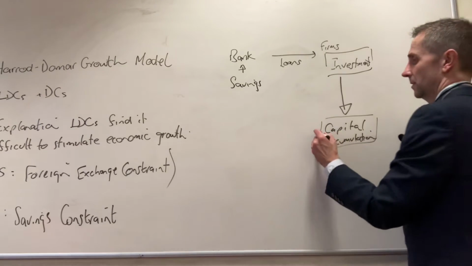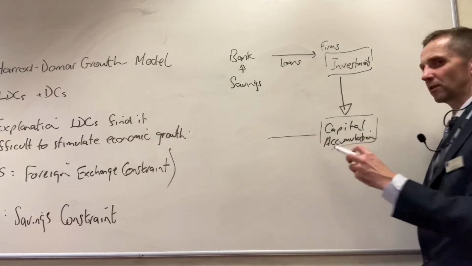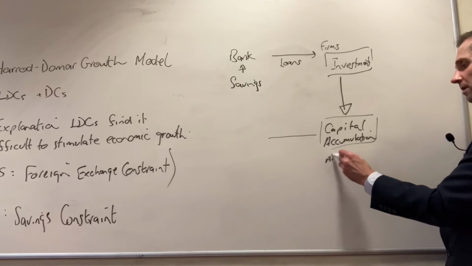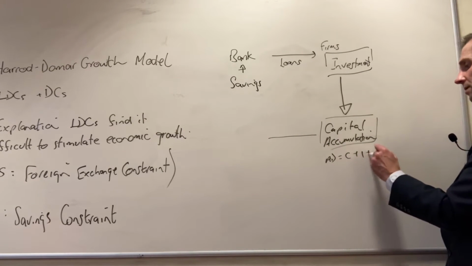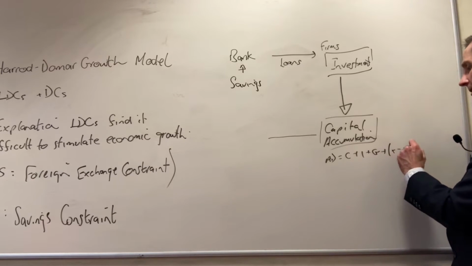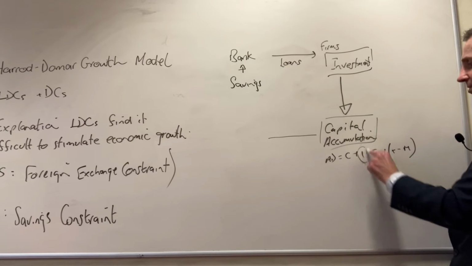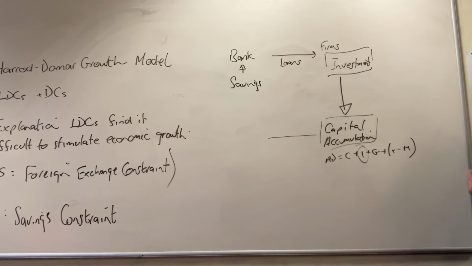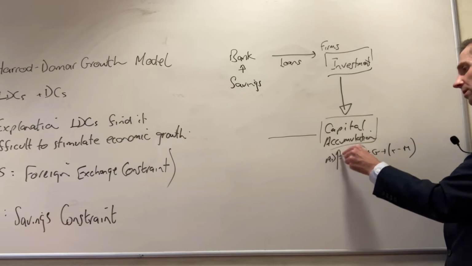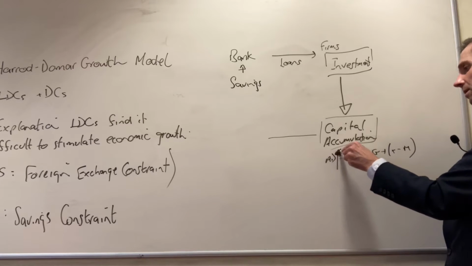Okay. And capital accumulation, or investment, so we've got AD, C plus I plus G plus X minus M. So if you've got this increased investment, Ellie, what's going to happen to AD? AD is going to increase. Okie dokie.